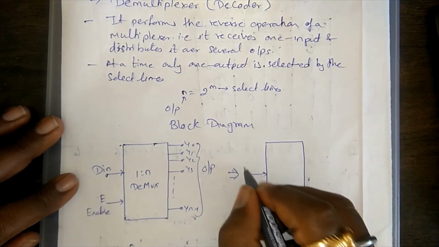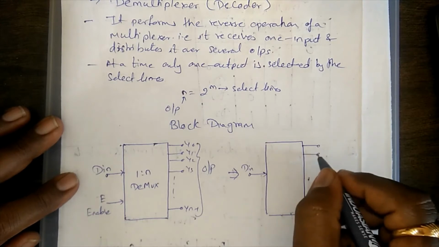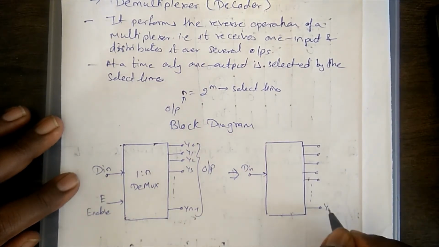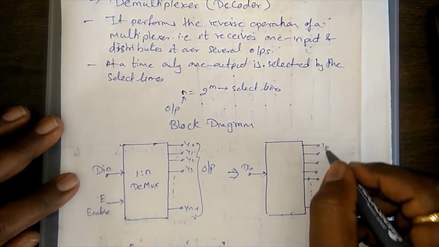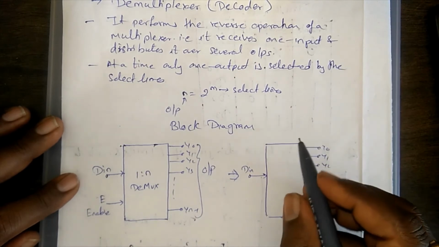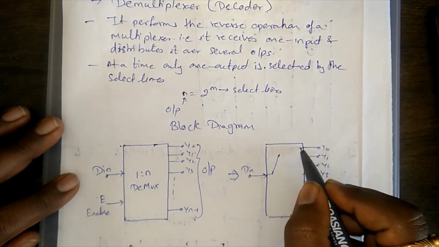This is only one D in. Okay, so this is 1, 2, 3, 4, 5 dot dot dot, Yn minus 1, Y0, Y1, Y2, Y3, Y4. Okay, so now this is what? A selector.